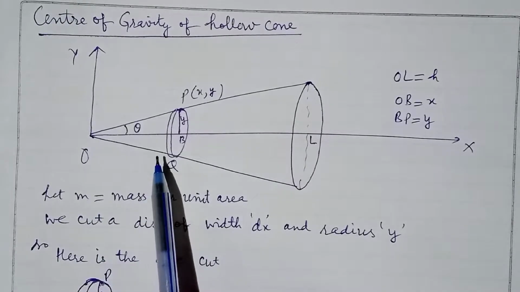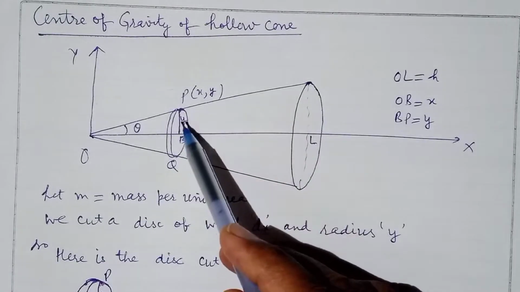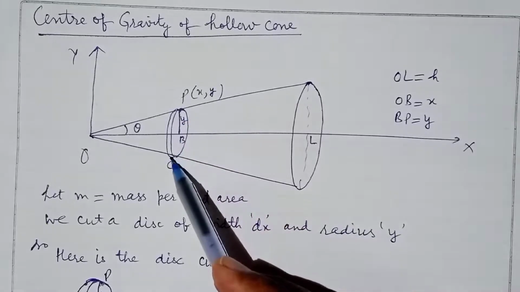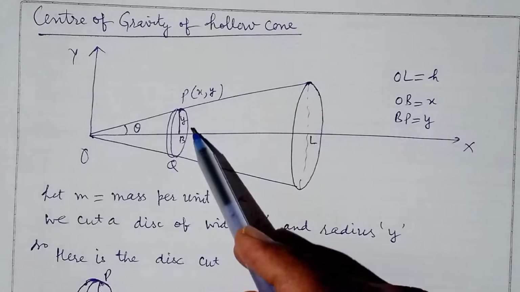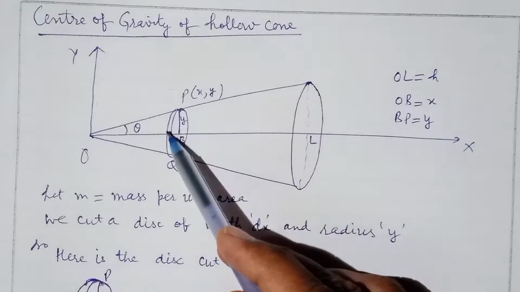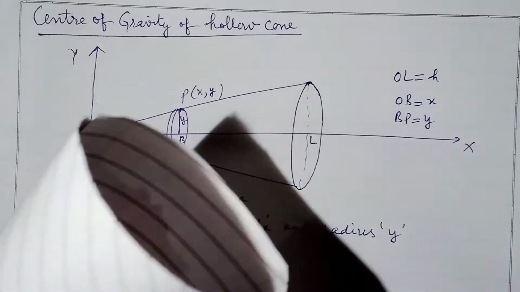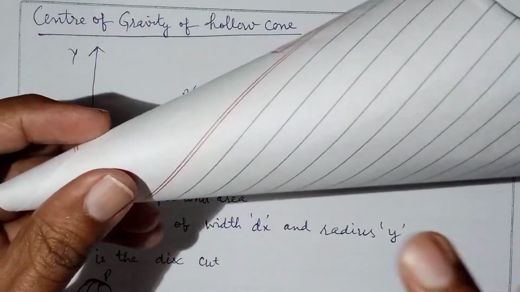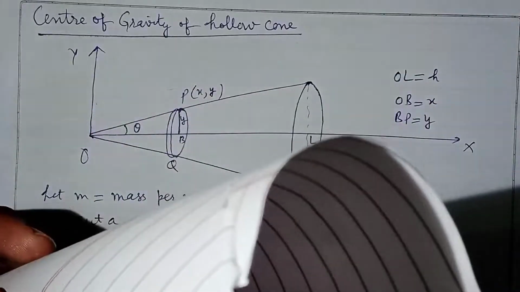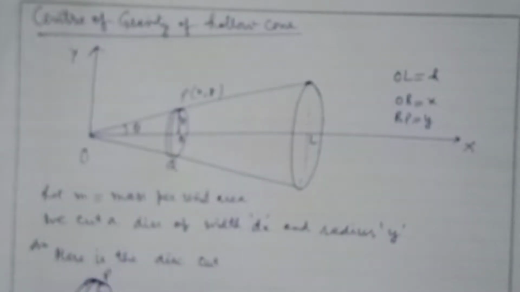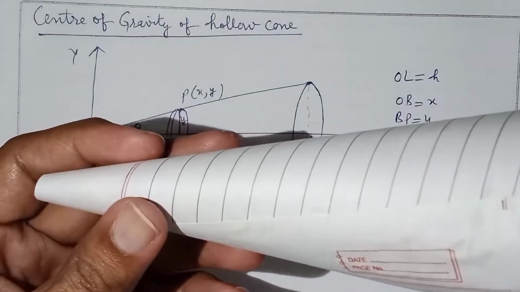So to find the gravity, what we do, we take a small portion of the cone in the form of a circular disc. Right. अभी मैं कट करके दिखाऊंगा आपको। इसमें से डिस्क कट करेंगे एक, so that you get a better view. See now, I have a scissor and this is the cone.